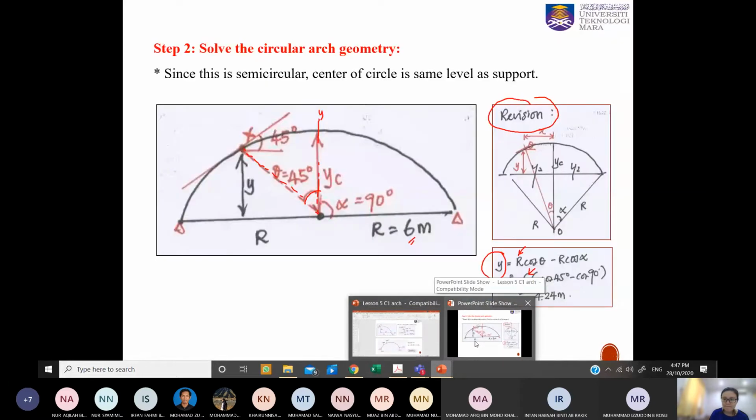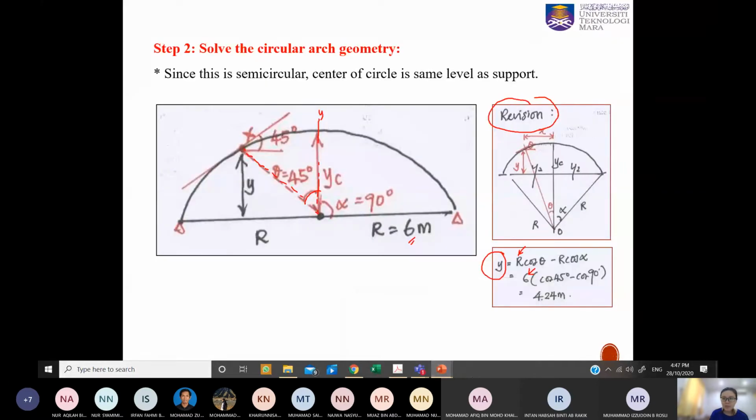Let's go back. Now for the alpha, we draw from this O to the spring line, and then the angle will be taken from this line that we have drawn with the y-axis. So you get the alpha is 90 degree here.